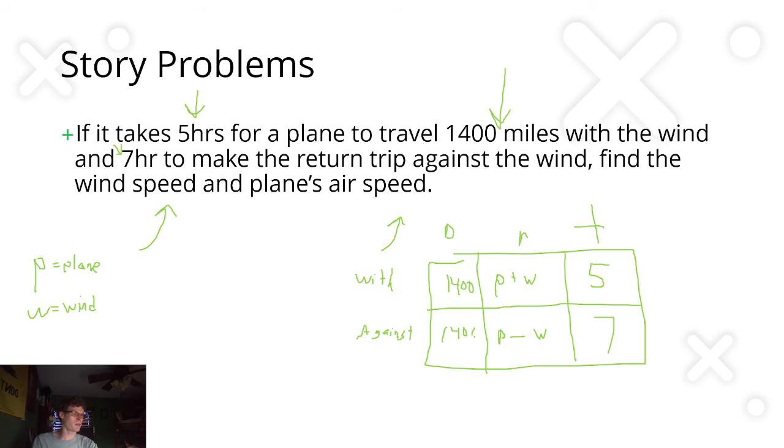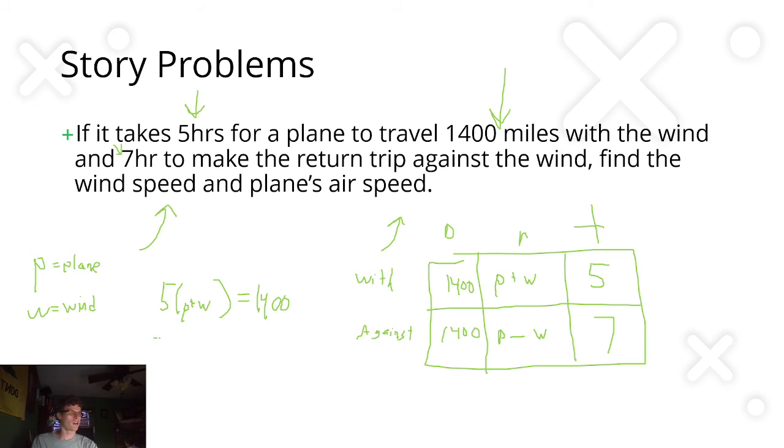All right, so how do we set up this equation? The way that we set up this equation is we make two equations for with the wind and against the wind, okay? Because remember, rate times time equals distance. So our first equation is with the wind: 5 times the quantity P plus W equals 1,400.